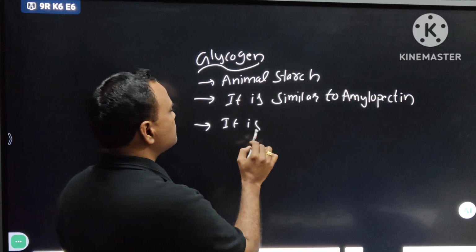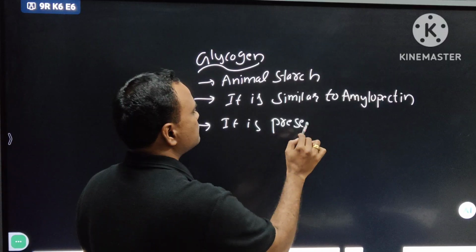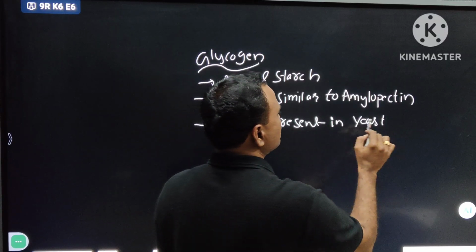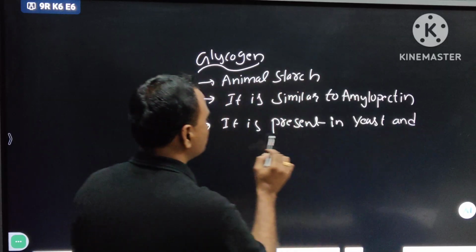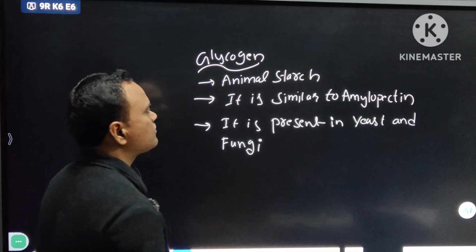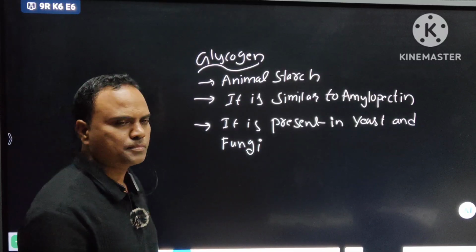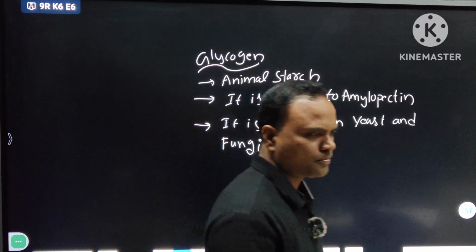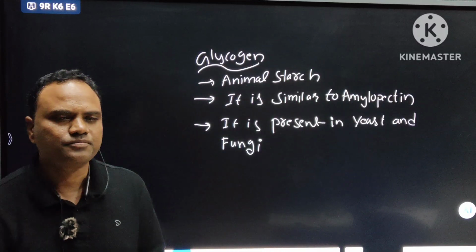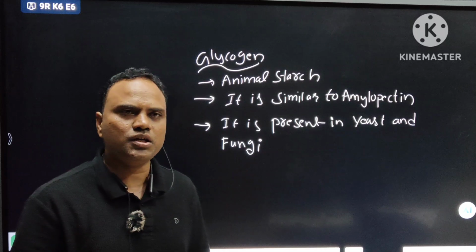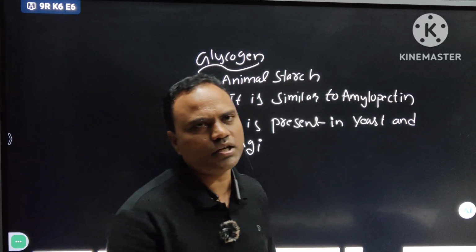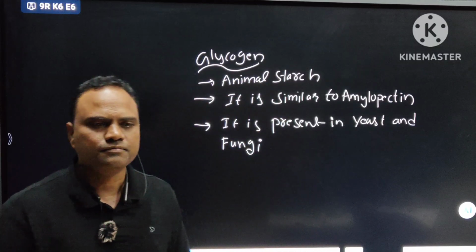It is present in yeast and fungi. It is similar to amylopectin, which means it is made up of which glucose units? Alpha D glucose units. Link, what about link? Same link, C1 C4 link and C1 C6 link branch.